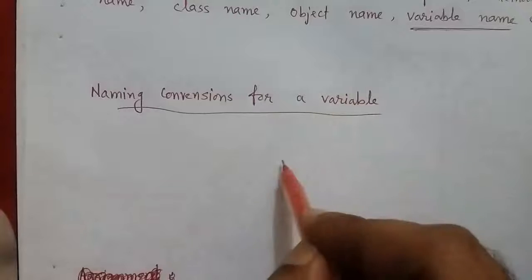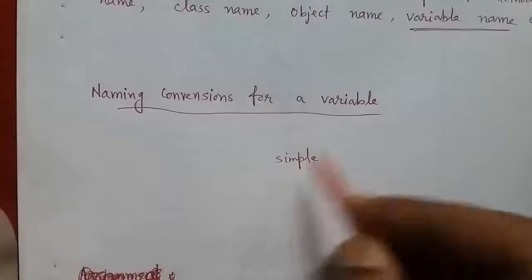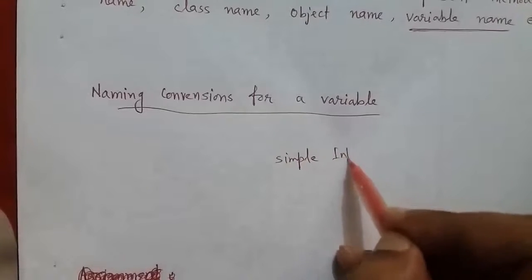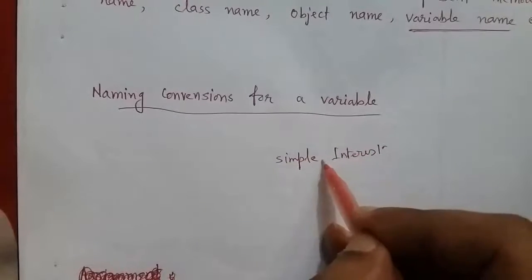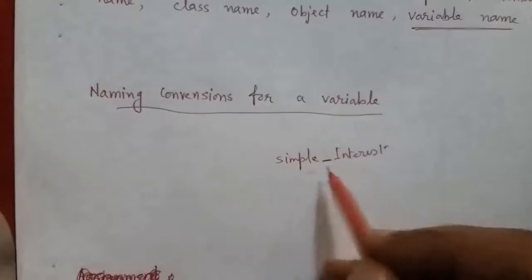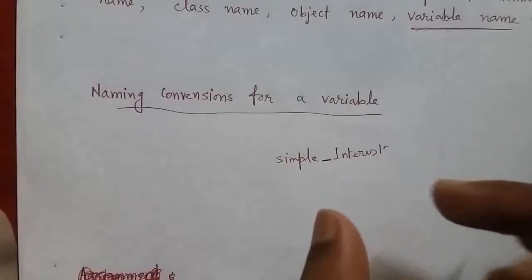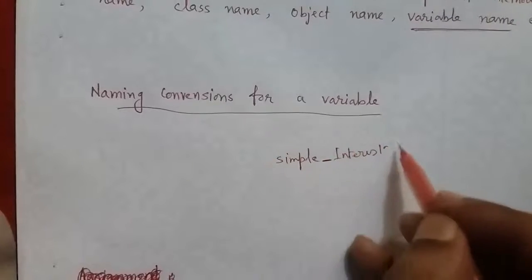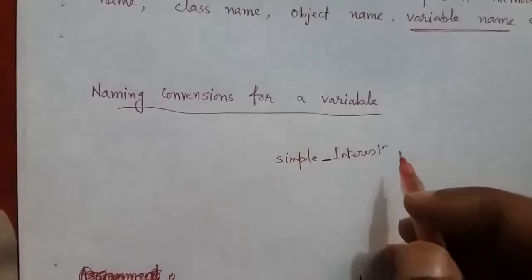If I write simple interest as a variable name, I cannot write simple interest in two different words like this. I have to place an underscore here. It will look like two different words, but it is actually one word, isn't it? Simple underscore interest.